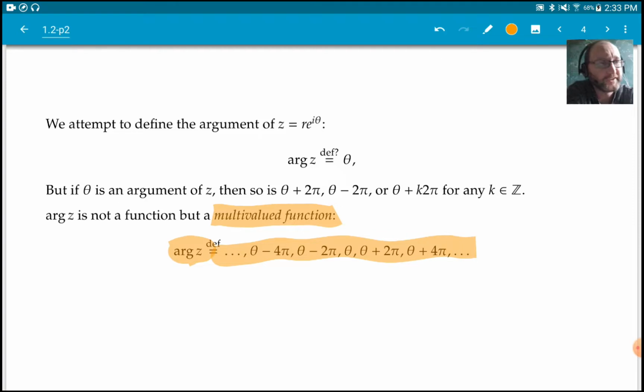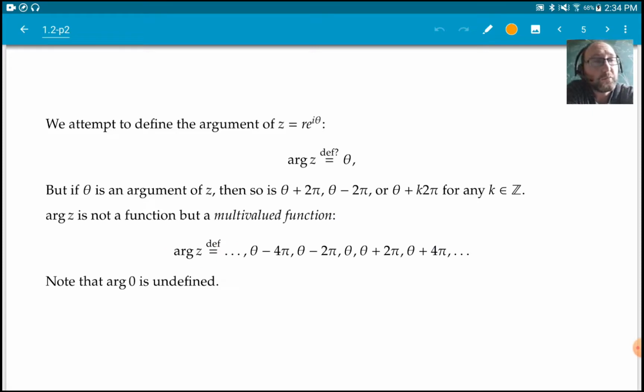If we just say function, we do mean a single valued function, but there are going to be multivalued functions around. This is one; another one, for example, is the square root, or any root. The logarithm that we'll see is a multivalued function. So these things come about quite often.